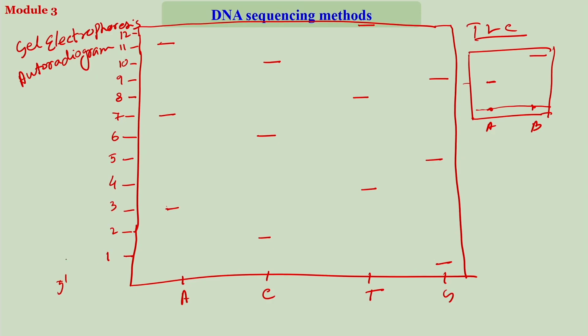Here, G. So, this has to be a G. Second base is C. Third base is A. Fourth is your T. Fifth is your G. 6 here C.